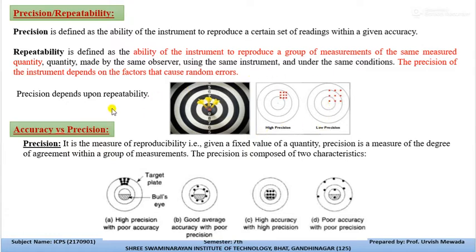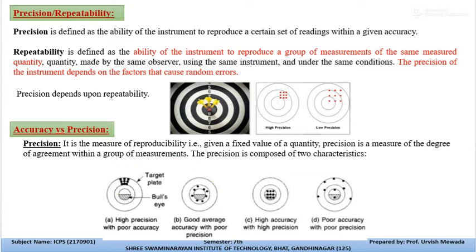Precision depends on the expected value and the measured value. If both values are very near to each other, then that instrument is called precise. Now accuracy versus precision: the difference between accuracy and precision is mentioned here.